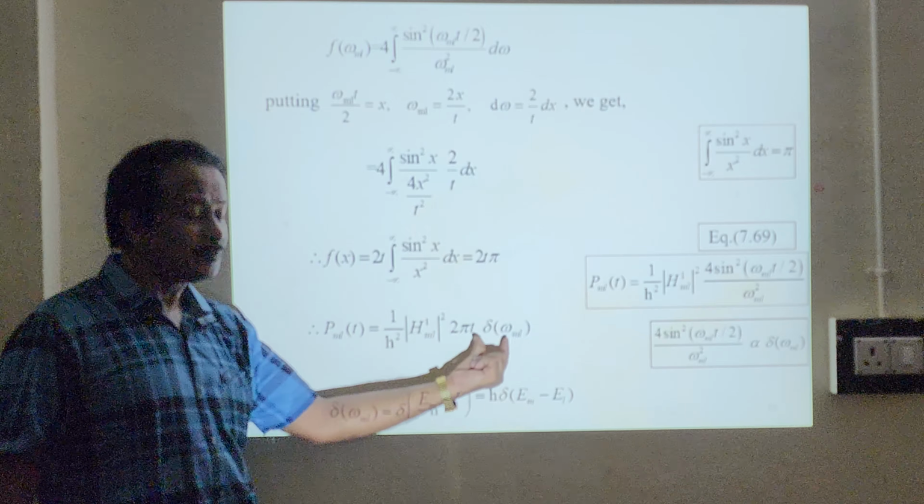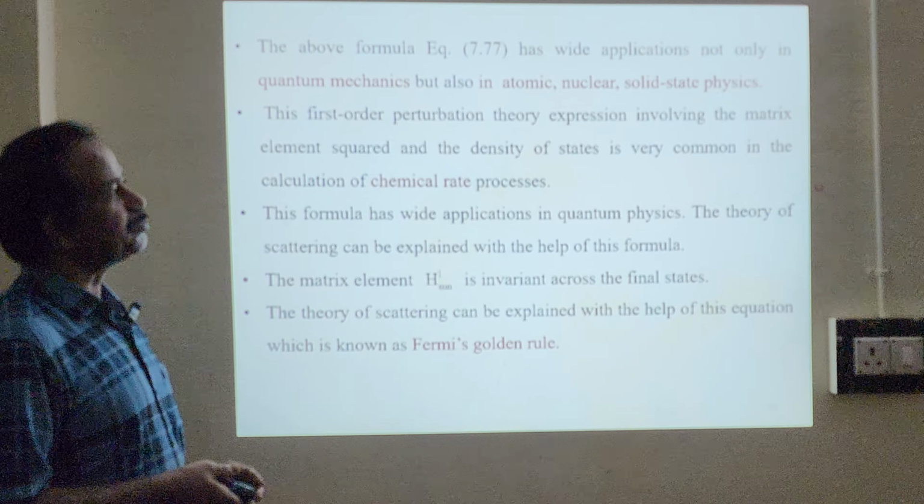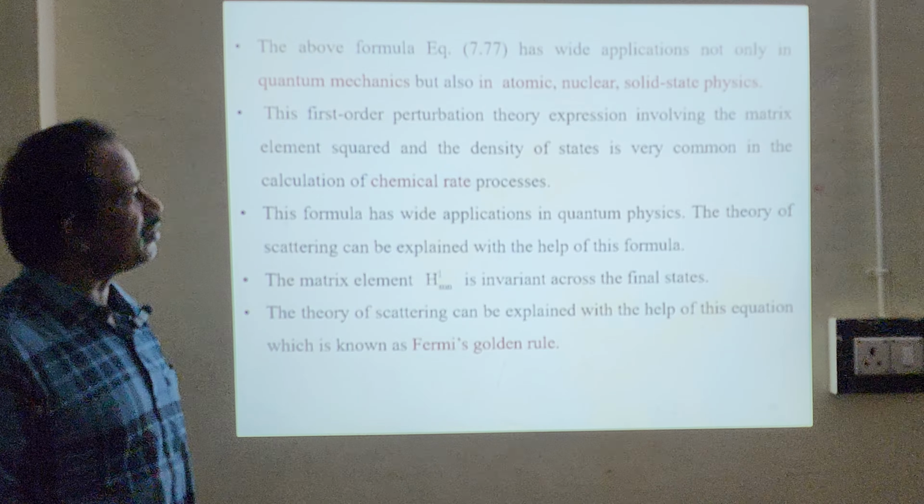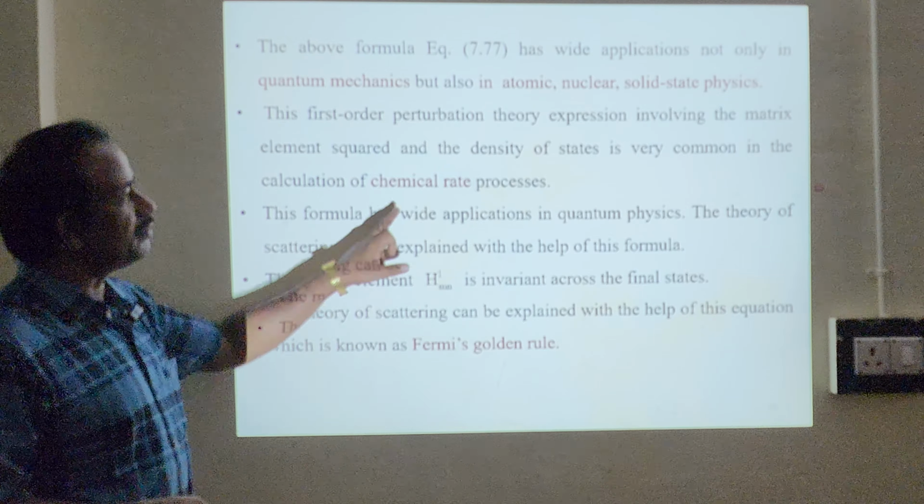The above formula, equation 7.77, has wider applications not only in quantum mechanics but also in atomic, nuclear physics, solid state physics, material science, and also in chemistry. The first order perturbation theory expression involving a matrix element squared and the density of states is very common in the calculation of chemical rate processes.